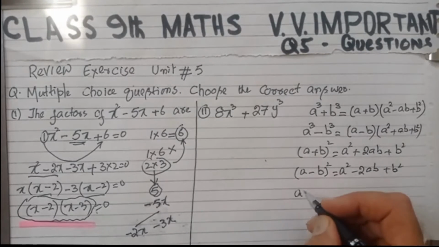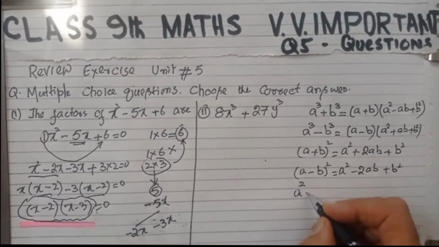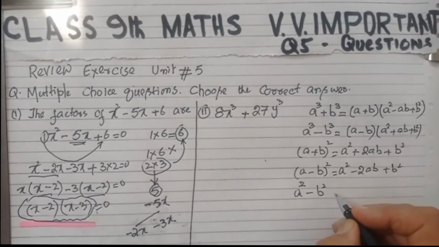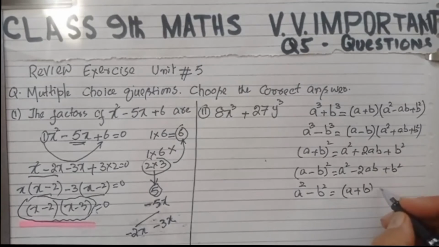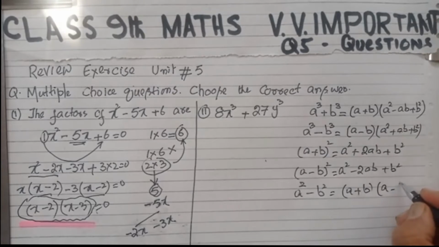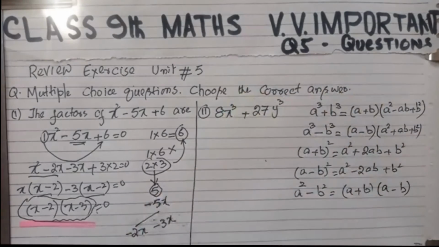And a square minus b square is a plus b times a minus b. So these formulas are mandatory.